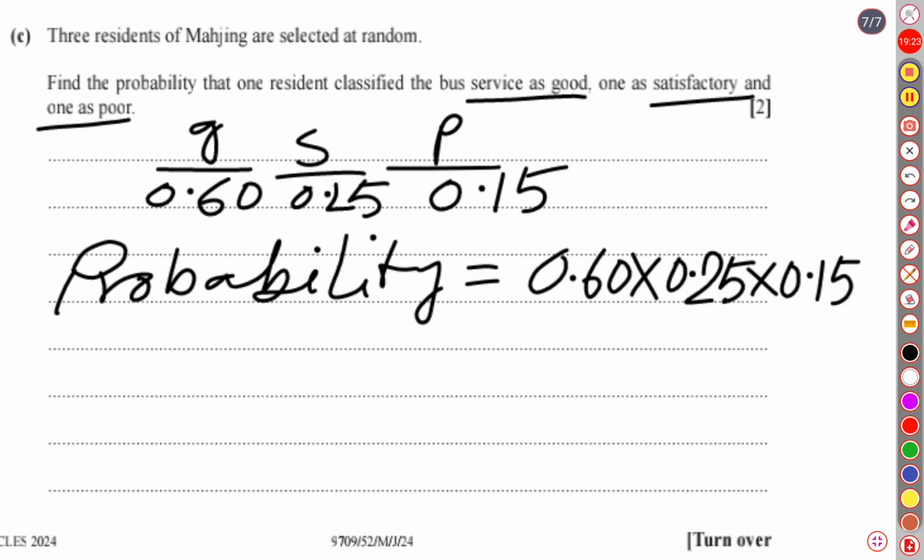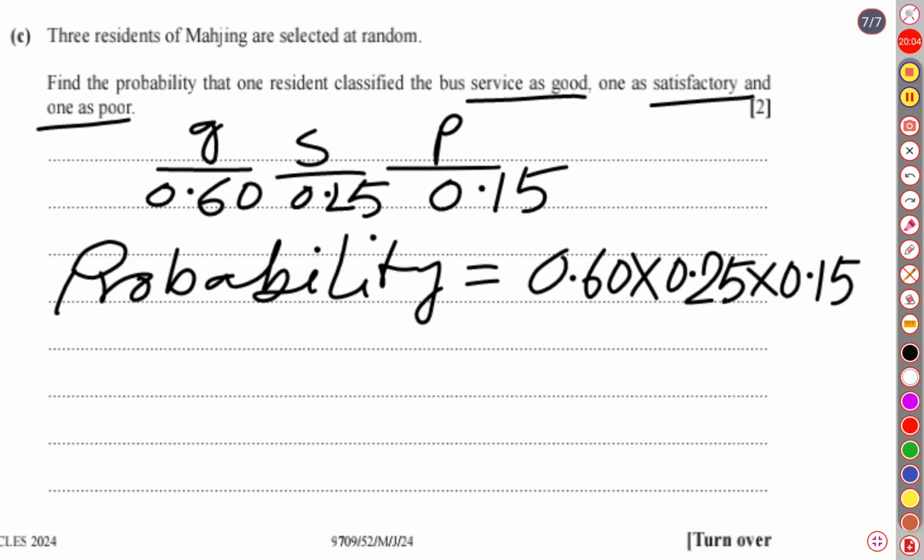Now the question is, there are three people, and their probability is this one, but we don't know which one is the first one satisfactory. Which person has particularly classified as good or satisfactory, we don't know. That means the first one can categorize it as satisfactory, or the first one can categorize it as poor, or the second one can categorize it as good.